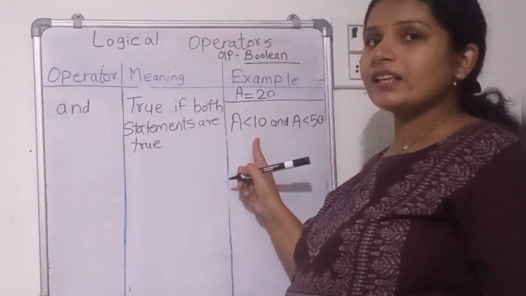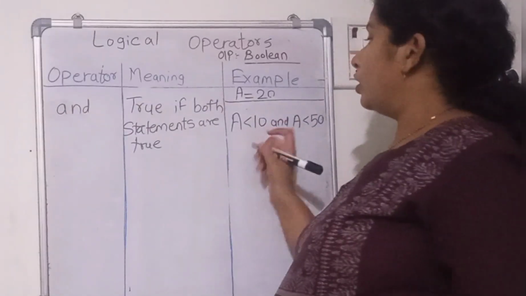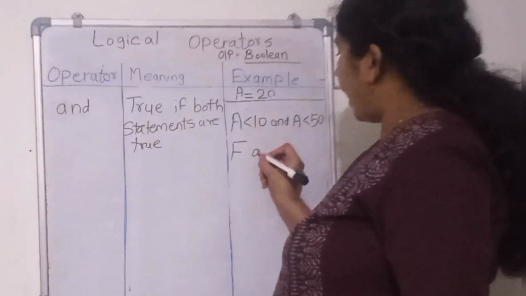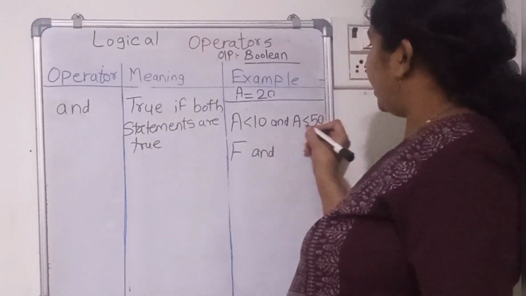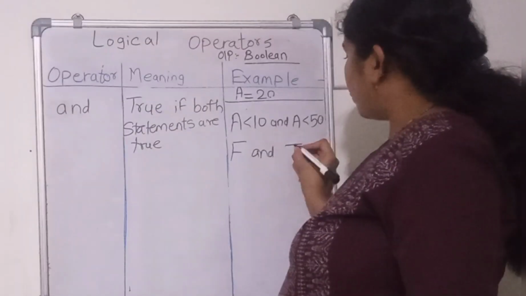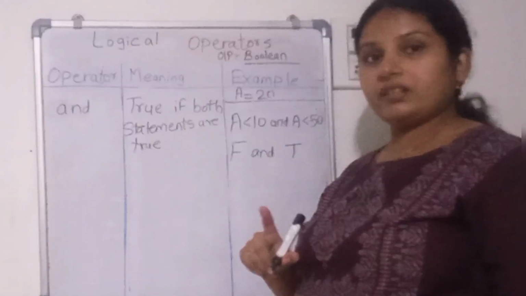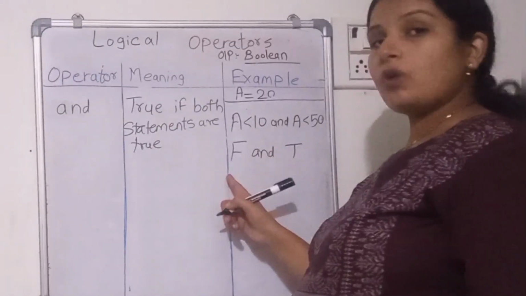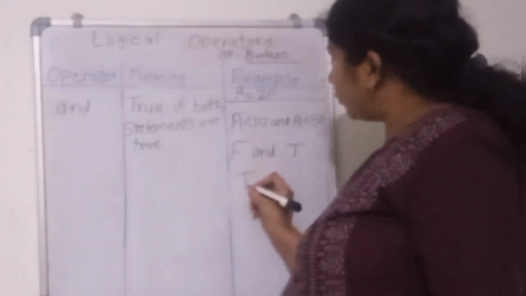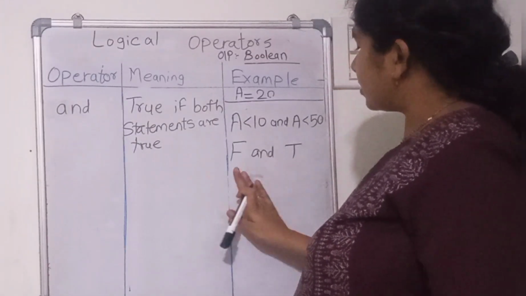Now 20 is not less than 10. 20 is greater than 10. So the output of this statement is false. And a is less than 50. 20 is less than 50. Yes, here output is true. But among the two outputs, we are getting the first as false. So our output is false here.